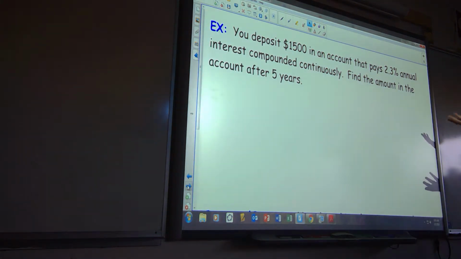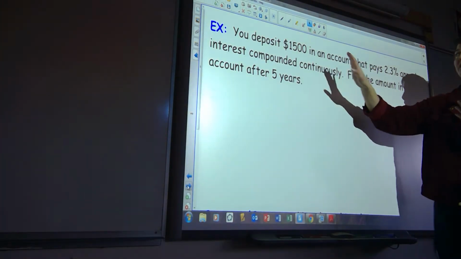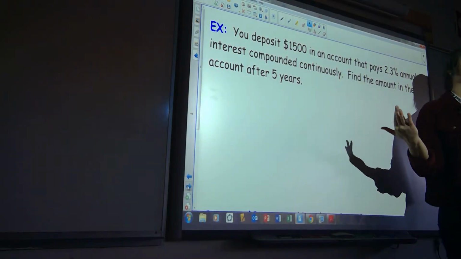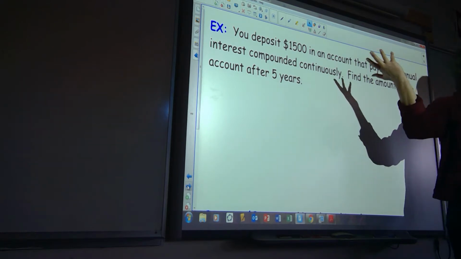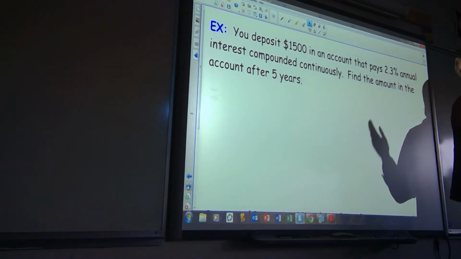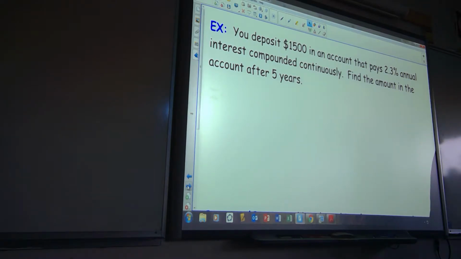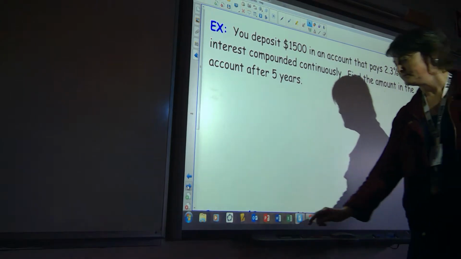Okay. So let's take the same concept, the same $1,500 in an account that pays 2.3% annual interest compounded continuously. Find the amount in the account after 5 years. Now, before I do this, do you think it's going to be more or less than when we did it weekly? Well, let's find out.